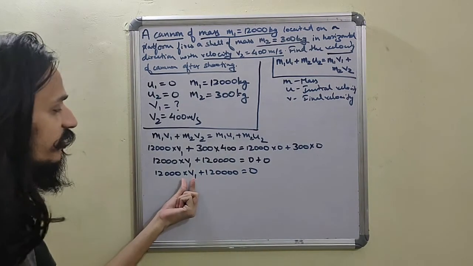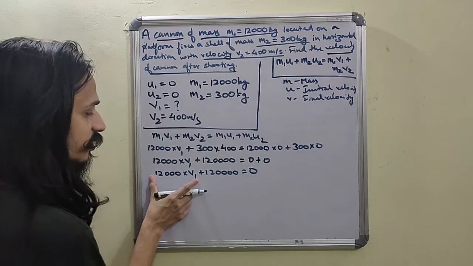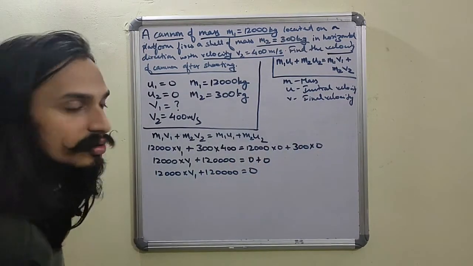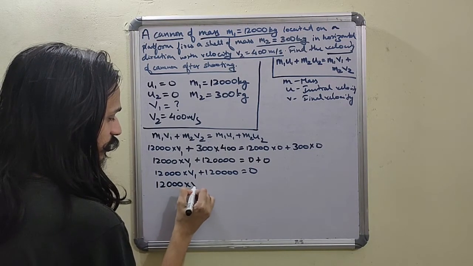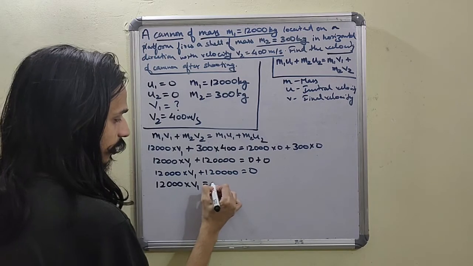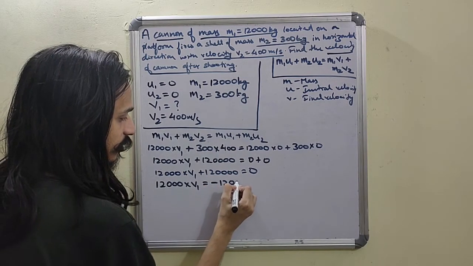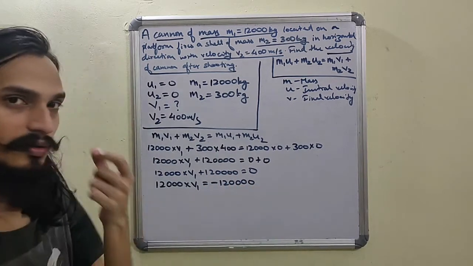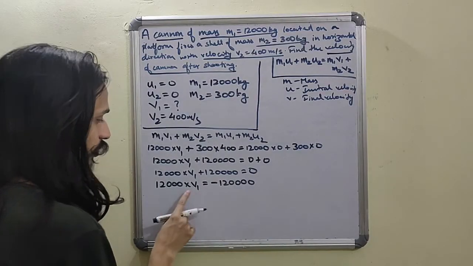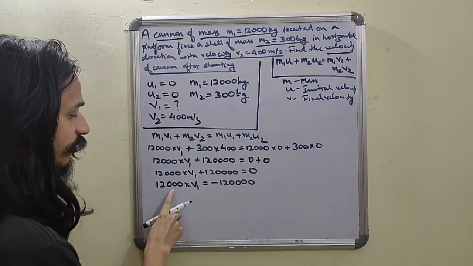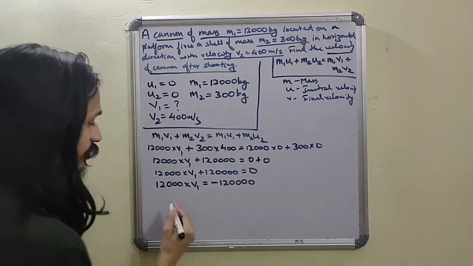Now I need to find v1. This is one term, this is the second term. The second term I'll take to the right side. 12,000 into v1 equals minus 1,20,000. Now I need to find v1. This is multiplied, so if I take it to the other side, it becomes division, right?